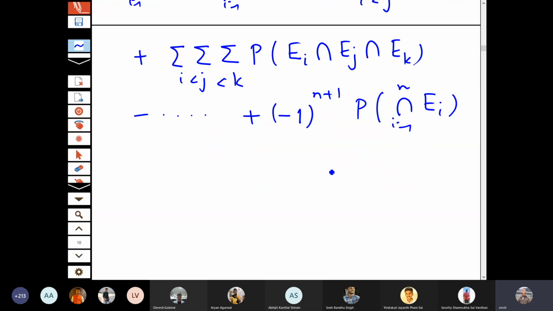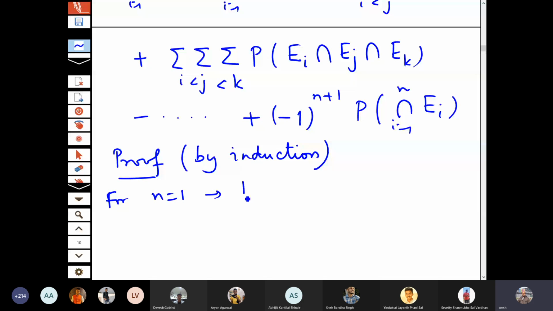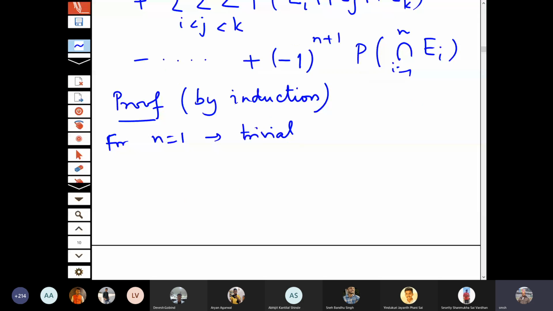Okay, so the proof is by induction. For n equal to 1, it is already trivial, because it simply means probability of E1 is equal to probability of E1. For n equal to 2, we have proved the addition rule.